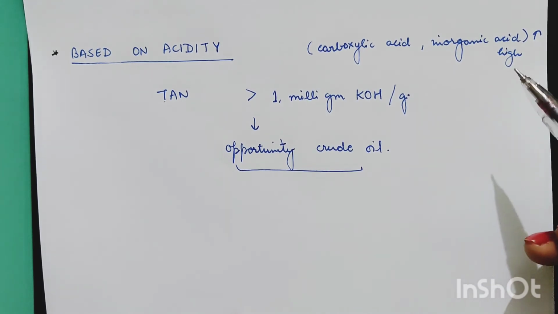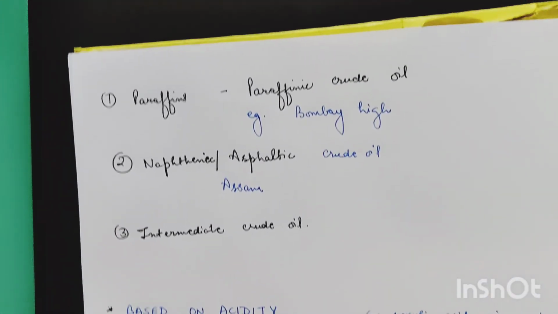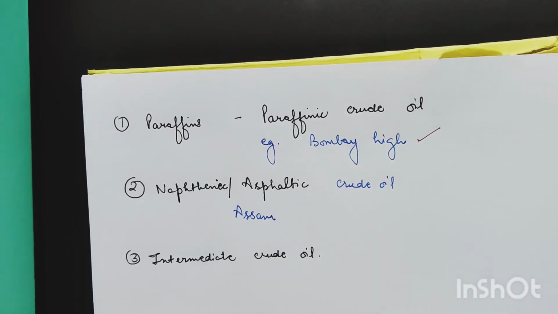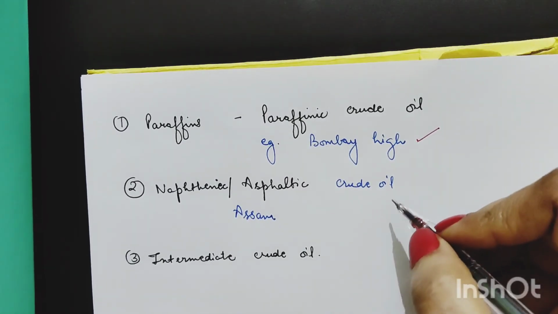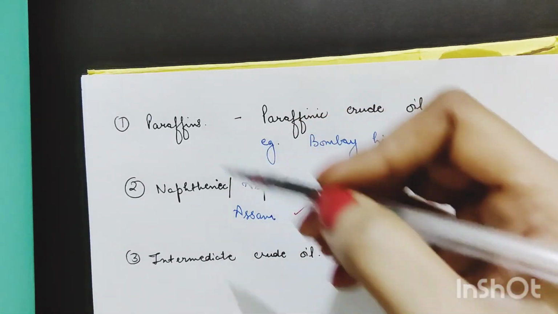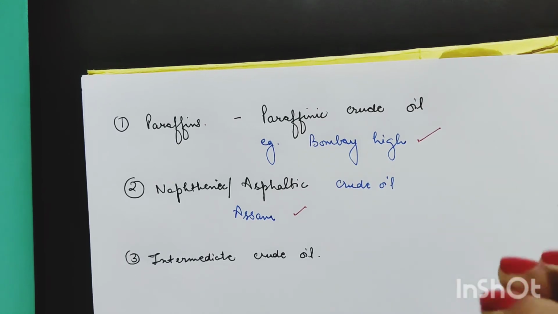So this is very high acidic crude oil. Then the crude oils are also named on the basis of structure, like paraffinic crude oil, for example crude oil coming from Bombay High, and naphthenic crude oil, like crude oil coming from Assam. Crude oil which has both paraffinic and naphthenic in almost equal quantities is called intermediate crude oil.